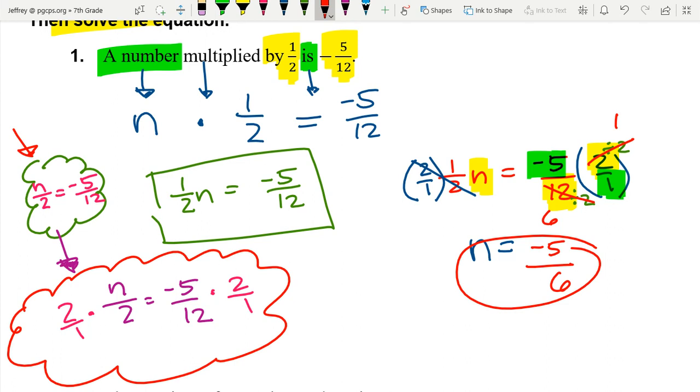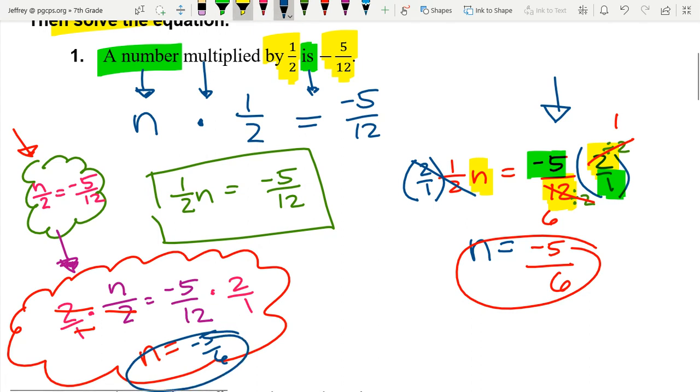Both are right though. Now this would be simplified to n, and you will get the same answer: -5/12 times 2 over 1 is the same thing as what we have here. So this is equal to -5/6, the simplified version. Don't forget.